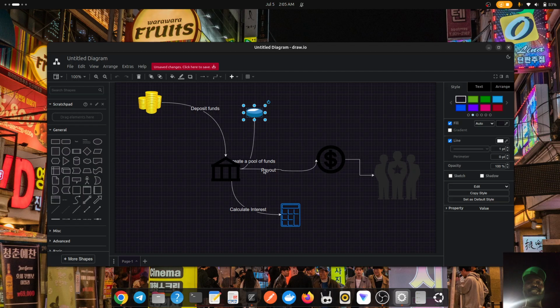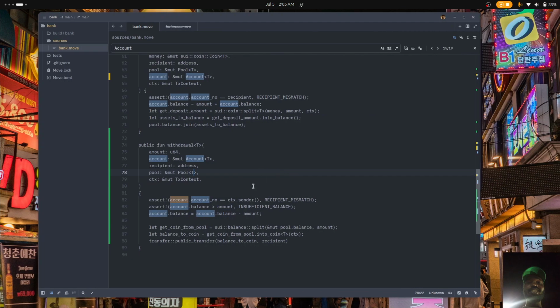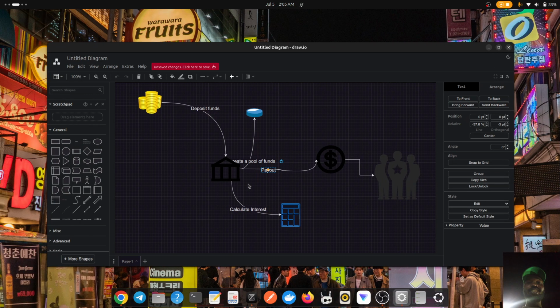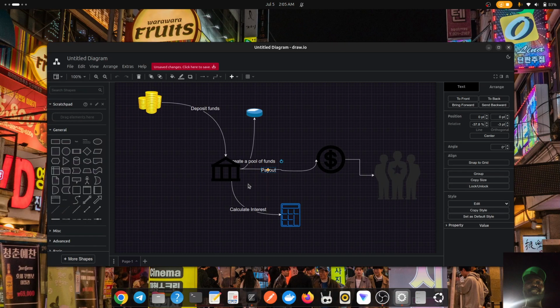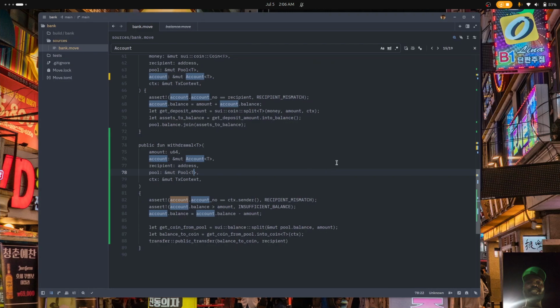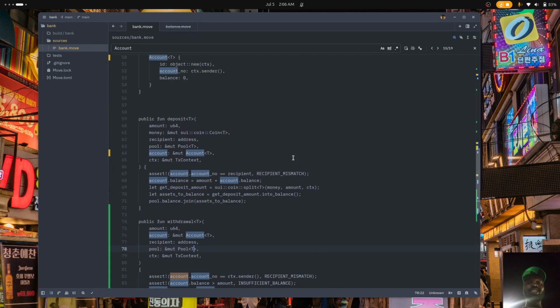Now back to this. To some extent we'll fix the payout, and the only payout we've implemented right now is a payout that has to do with withdrawal. I think we're supposed to implement a payout that has to do with calculation of interest. Alright, but before we do that, there are one or two things we need to tighten up.